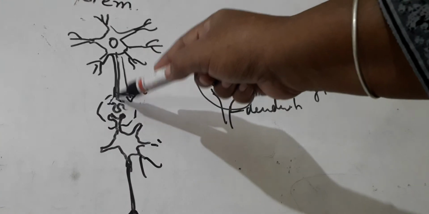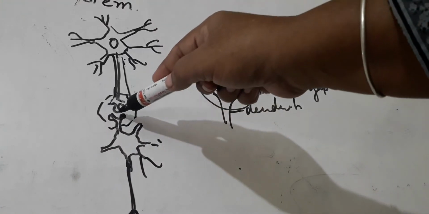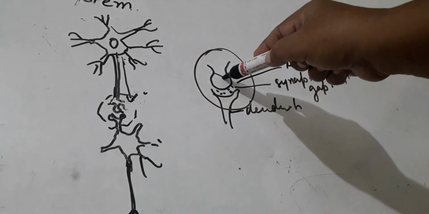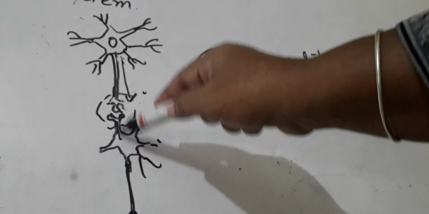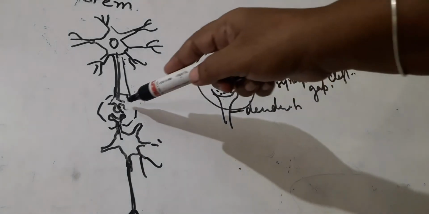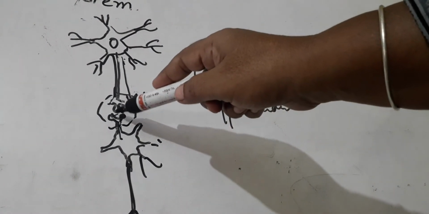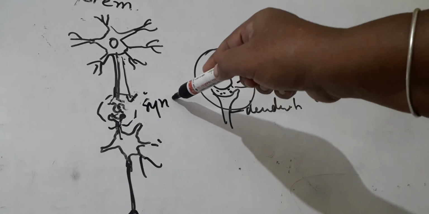The nerve impulse moves through here, the same way as I explained. So nerve impulses move through the axon and reach the synaptic bulb, and after that is the second neuron. How does it transfer here? They never contact. We can say this is a synapse, but they never touch each other.